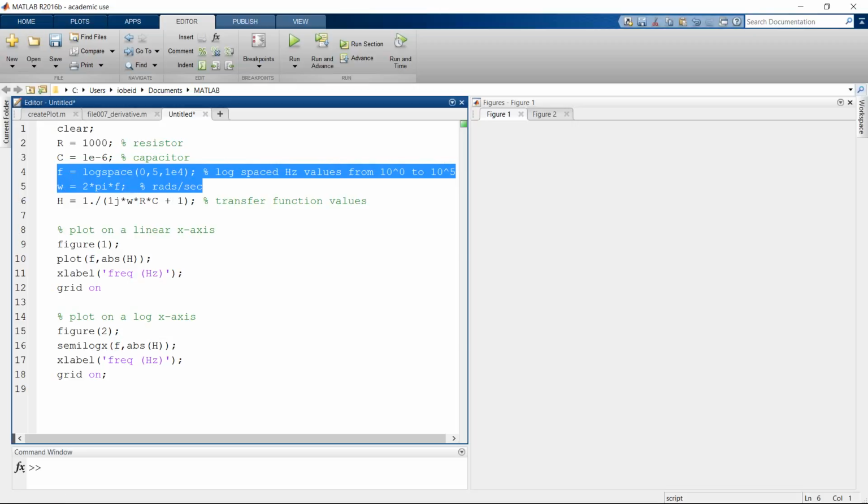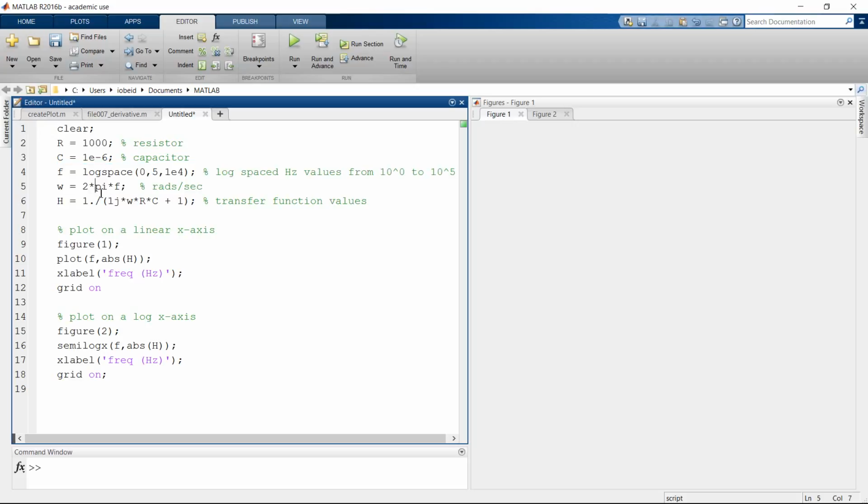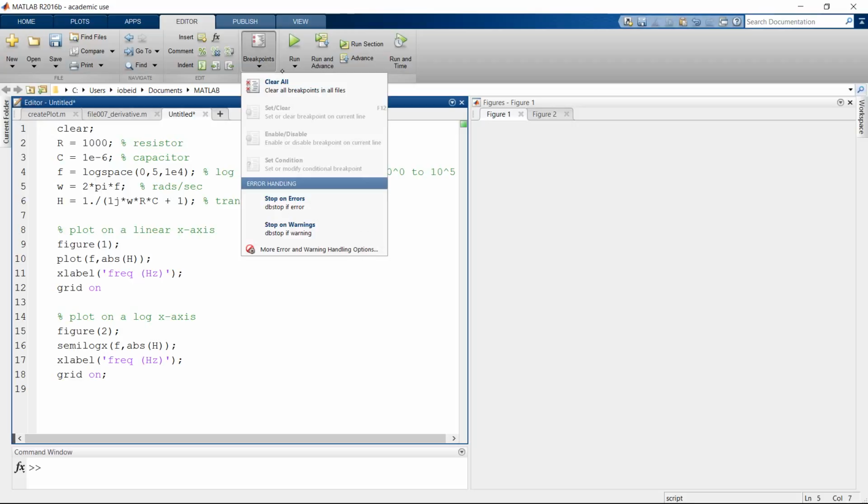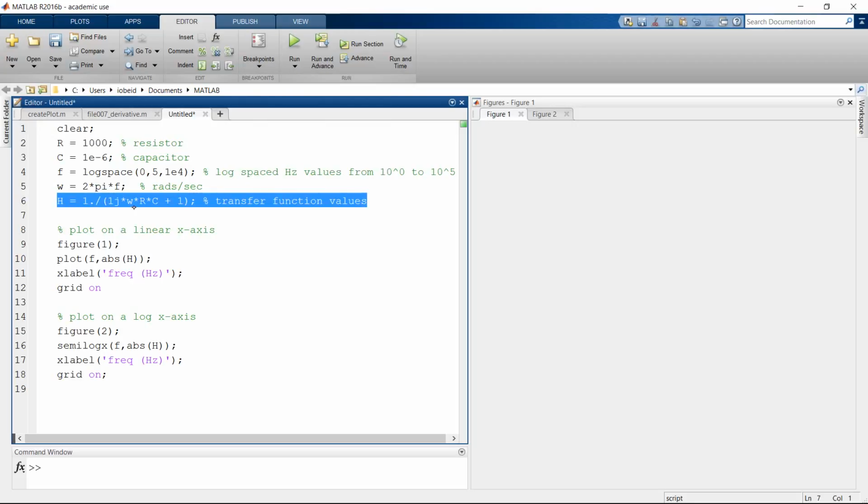Instead of linspace, I use logspace. That's going to give me log spaced frequencies from 10 to the 0 to 10 to the 5 in this case. And then omega equals 2 pi f. That converts it into radians per second, excuse me. And then here's my definition of H, 1 over j omega RC plus 1. So that will give me complex values for H, and then for now I'm just going to worry about plotting their magnitude.